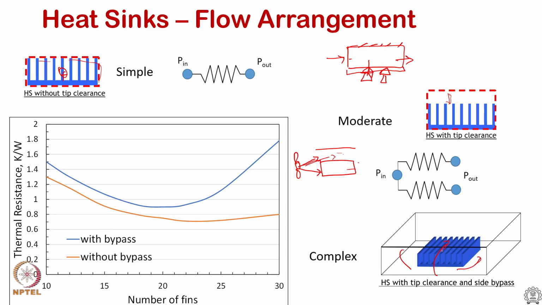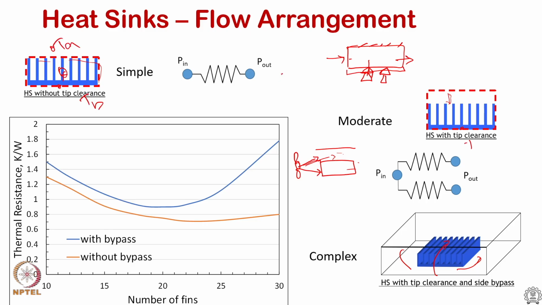If I had a number of fins and I am interested in finding the way to balance this, you will see the number of fins versus the thermal resistance of a heat sink, which we define as the base temperature minus the ambient air temperature.